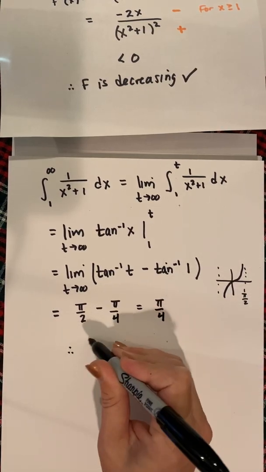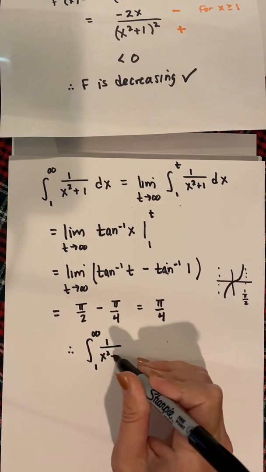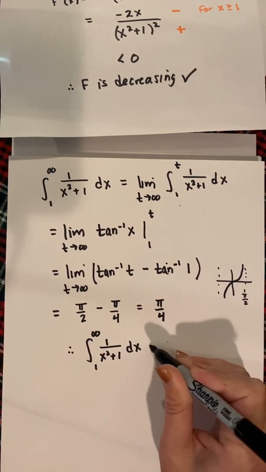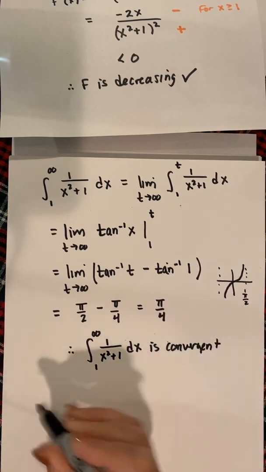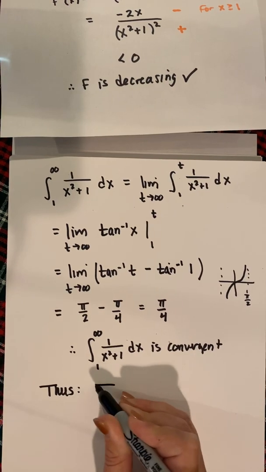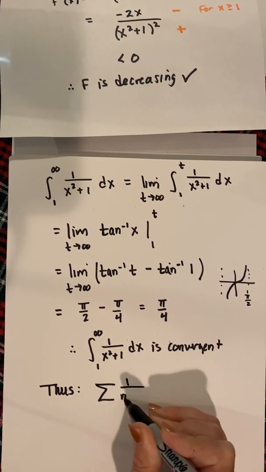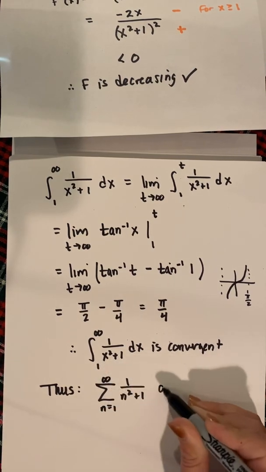So therefore, this integral is convergent. Thus, the corresponding series, the sum of 1 over n squared plus 1, n equals 1 to infinity, also converges.